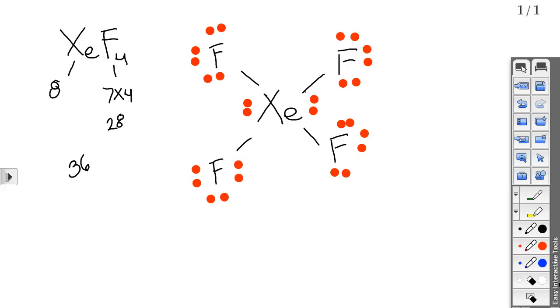As far as knowing which one is the central one, it's generally the first one listed in the compound, and then it's the least electronegative. Which one goes in the middle doesn't necessarily correlate to the energy level.